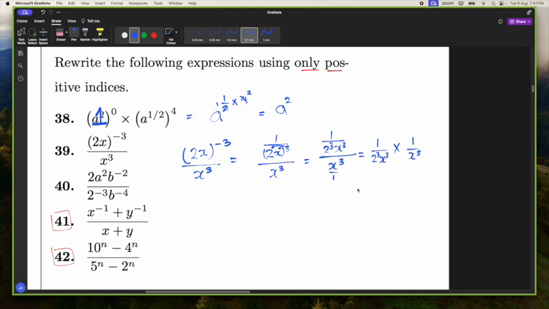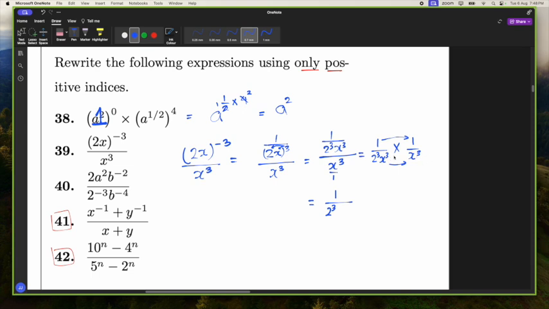So now when I am multiplying fractions, I multiply my numerators. So 1 times 1 is 1. All over, I multiply my denominators. 2 cubed, I have nothing to multiply with this, so it will remain 2 cubed. And then x cubed multiplied by x cubed.